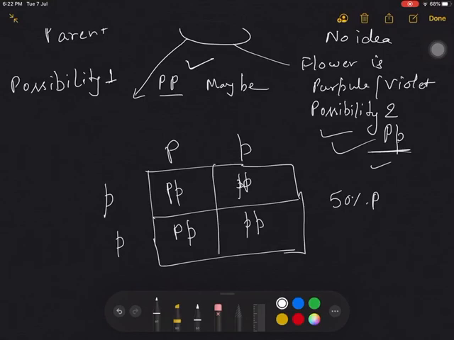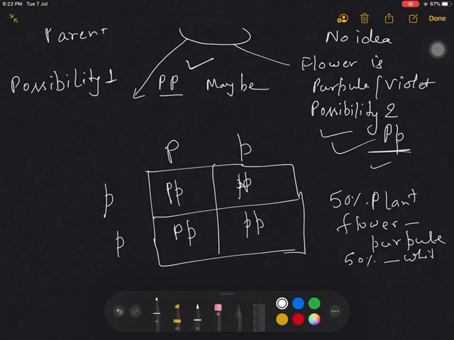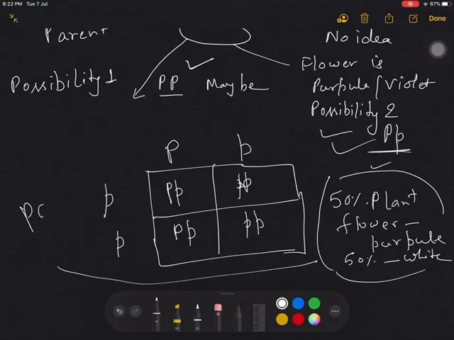So 50% of the plants have purple flowers and 50% are white. If we get this result, that means the parent is definitely heterozygous.